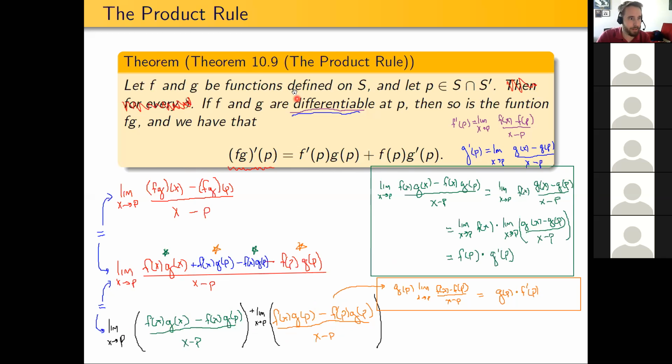Then we jump into our two boxes. In our green box, we're able to keep using the algebra of limits to simplify and simplify until we get this expression, which we know exists because we knew that g was differentiable. For the orange, we get a similar box. We can break everything down, and we see that that exists because we knew that f was differentiable.